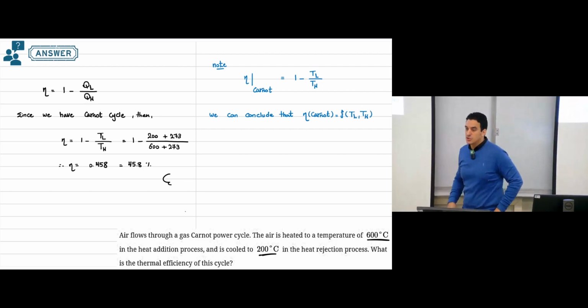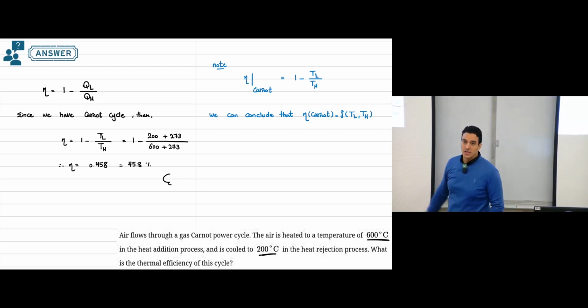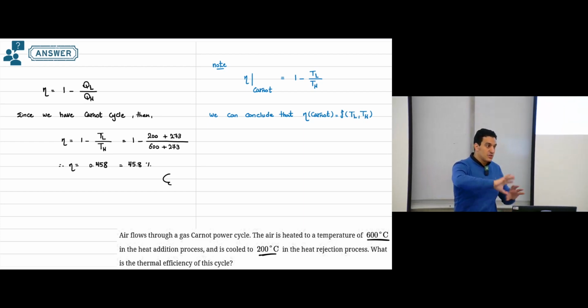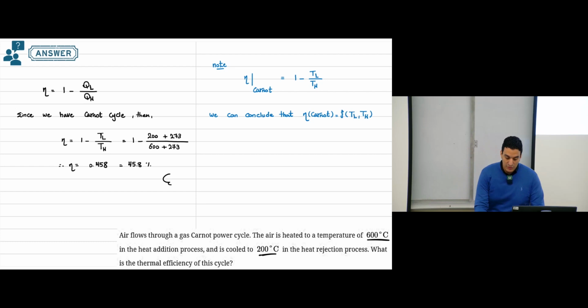The efficiency will only change if you change TL or TH, not the fluid, not anything else that you have here. Just TL and TH can affect the efficiency of the Carnot cycle.